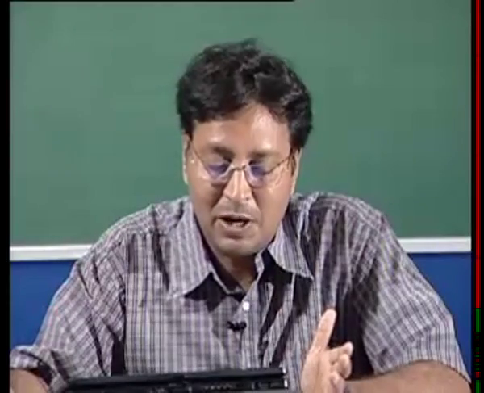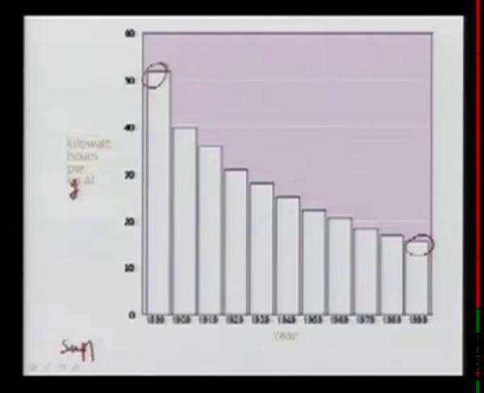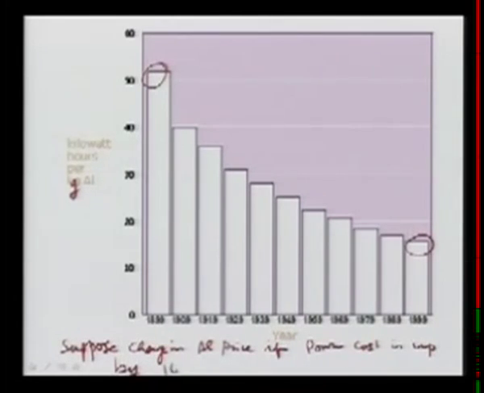You can also estimate, let's quickly do that. Suppose you want to see the change in aluminum price if the power cost is up by 10 paisa, a small amount.